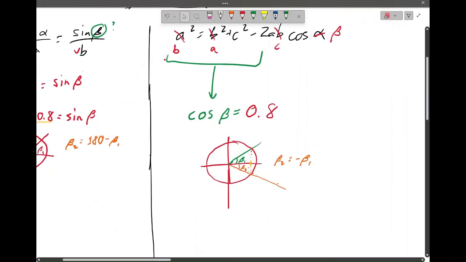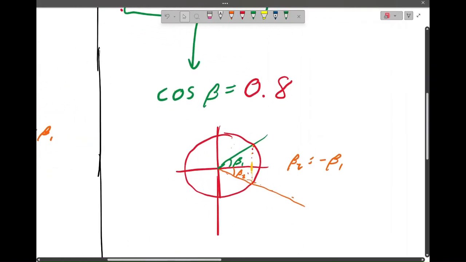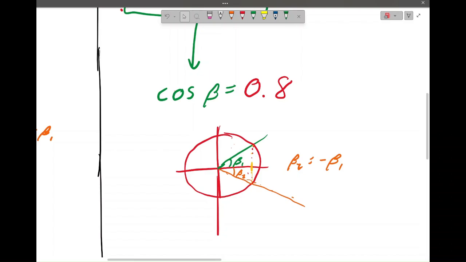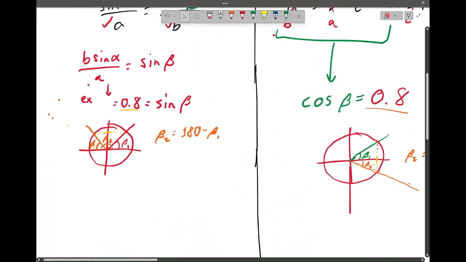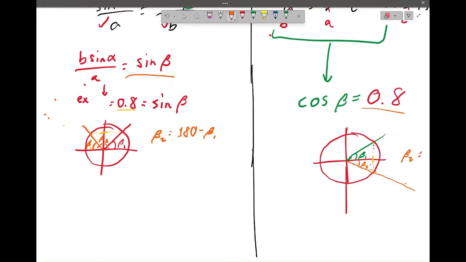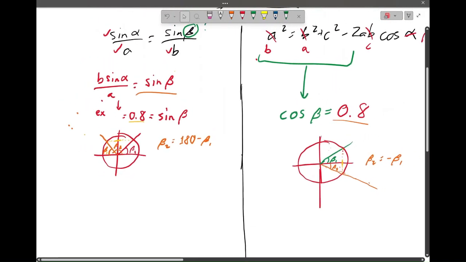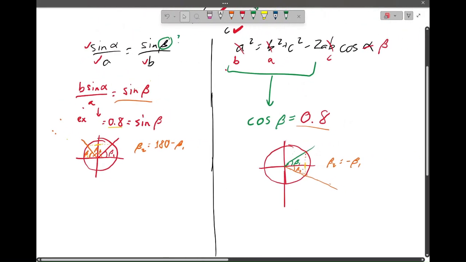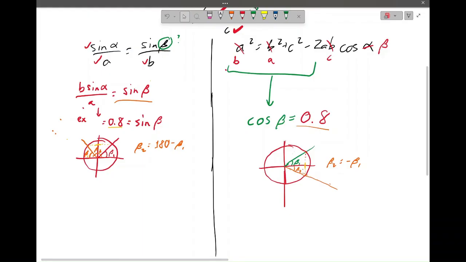Because of that, you don't have to worry about having several cases when you take your inverse cosine of whatever the value is, like you did have to do with inverse sine in the law of sines strategy. Hopefully that video explains why you would prefer to use law of cosines over law of sines, provided that both of them are possible, when you're using them to find an angle in a triangle.